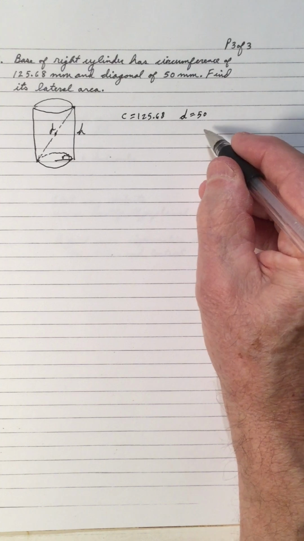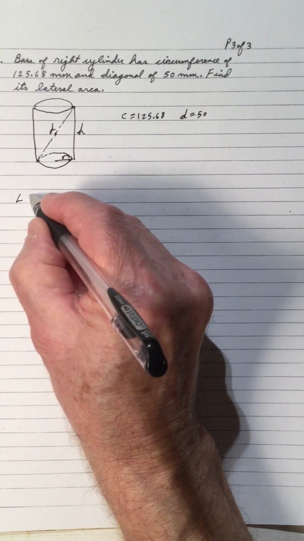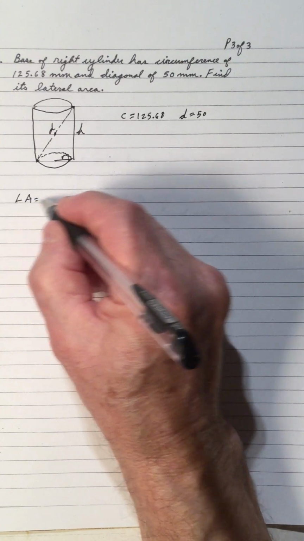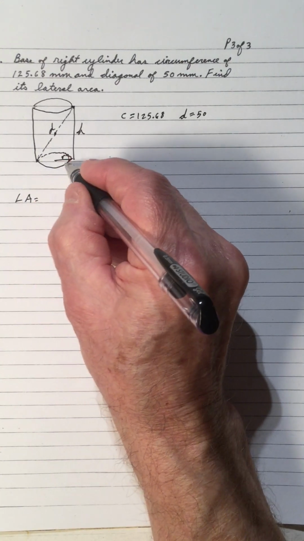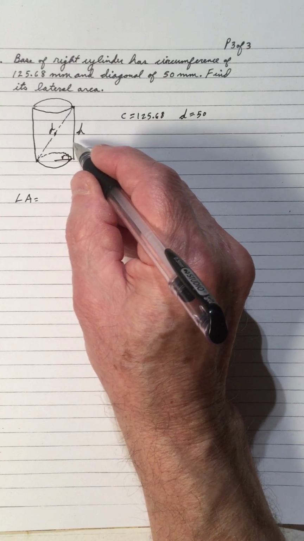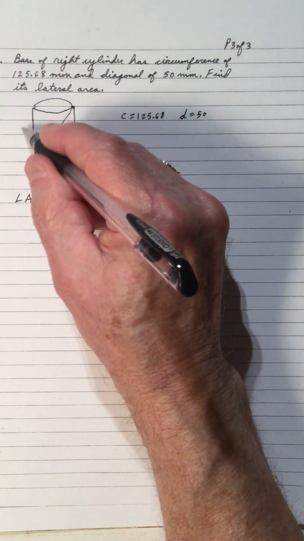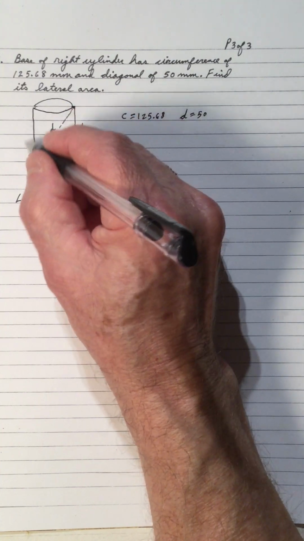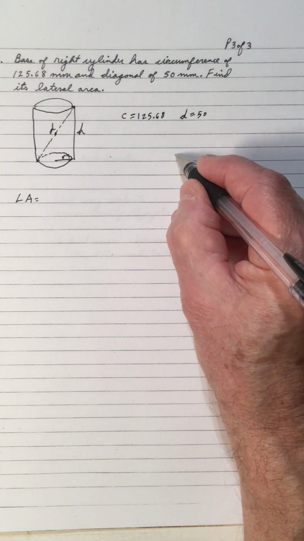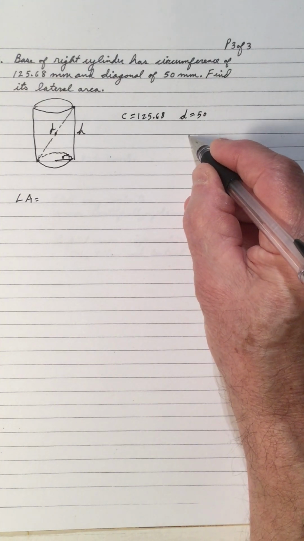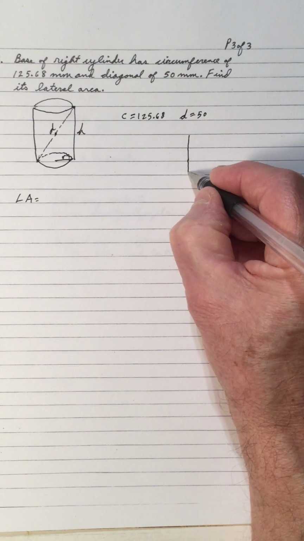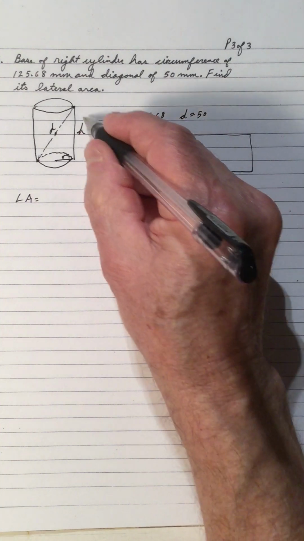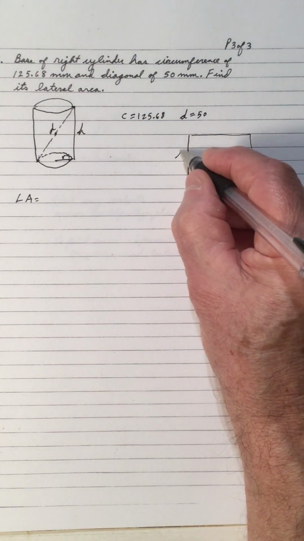Find the lateral area. Well, let's look at the lateral area. The lateral area, LA, in a cylinder is made up of the side. Remember what I did previous to this? I took the cylinder and I cut it down through this edge, so that was the height.